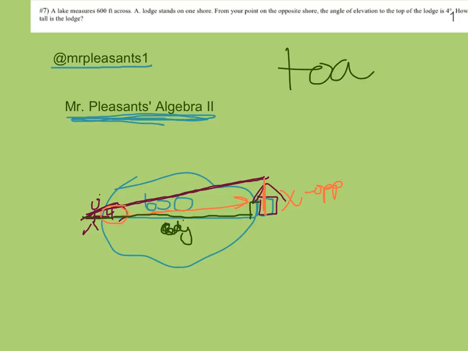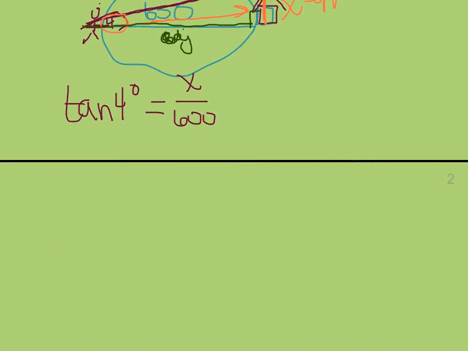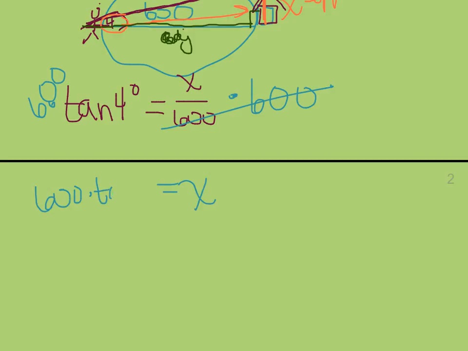So the tangent of the angle, which is 4 degrees, is opposite x over adjacent 600. Alright, from here, this is actually one of those easy ones. All you have to do is multiply whatever's on the bottom, and this gets x by itself. So we have x is 600 times the tangent of 4 degrees.